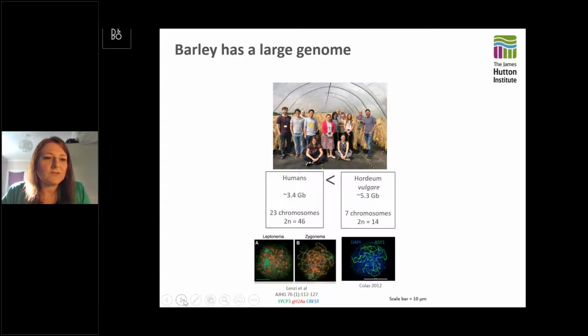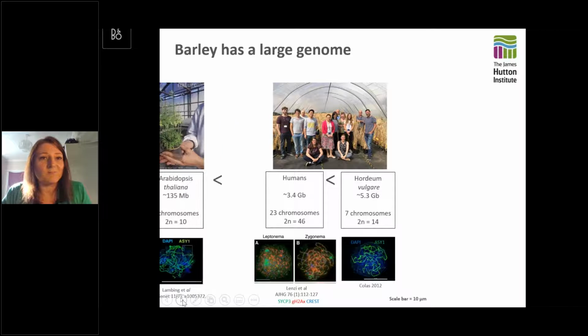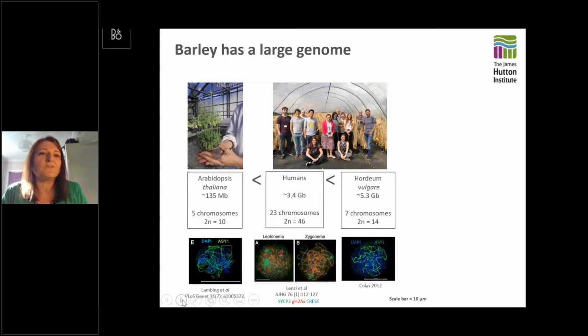Now, if you move to the model plant Arabidopsis, the first thing you can appreciate is that you can hold it in your hand, as compared to the massive barley plant behind the humans in the front picture. And it's got a very tiny genome, only 135 megabases, organized in 5 chromosomes.